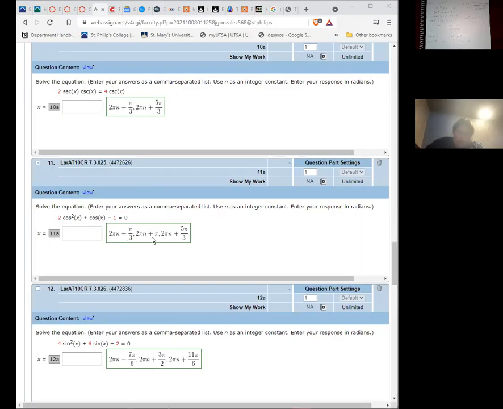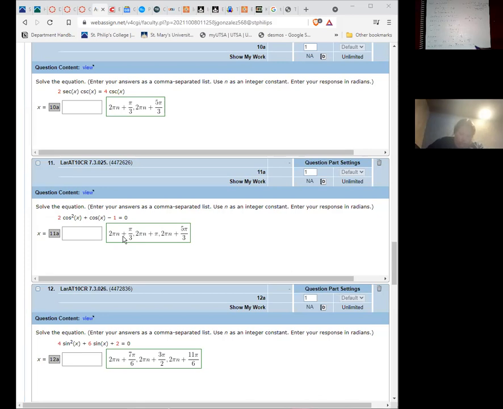But they didn't say one period, so we have to tack on the 2 pi's, right? So the first solution is pi plus 2 pi n. The next solution is pi thirds plus 2 pi n.